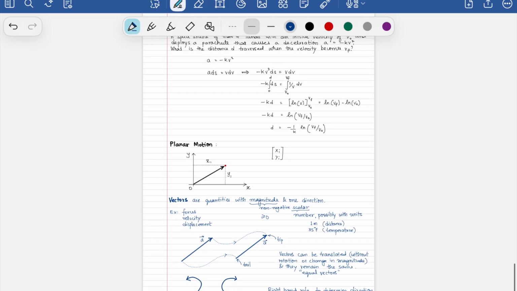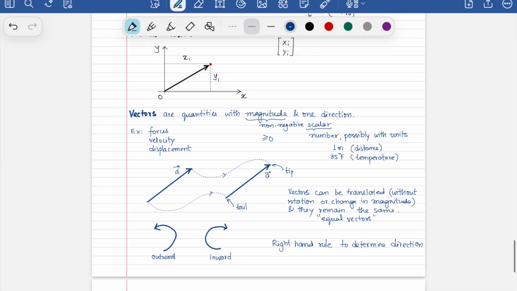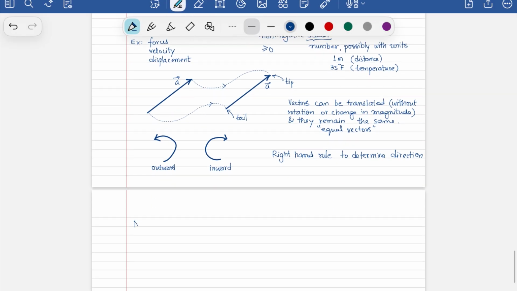Okay, so I hope this stuff is making sense. Now, we talked about the magnitude. For this vector here, the magnitude is essentially this distance. Okay, and that is represented by this.